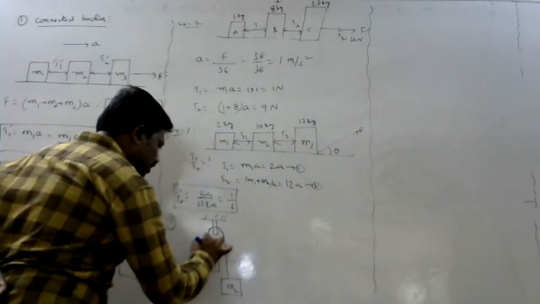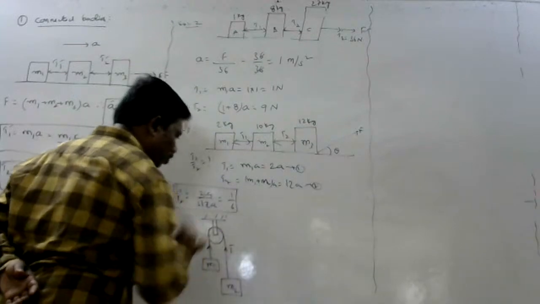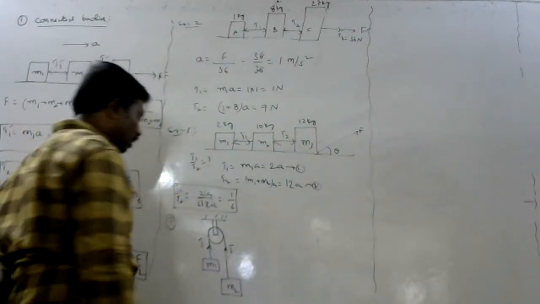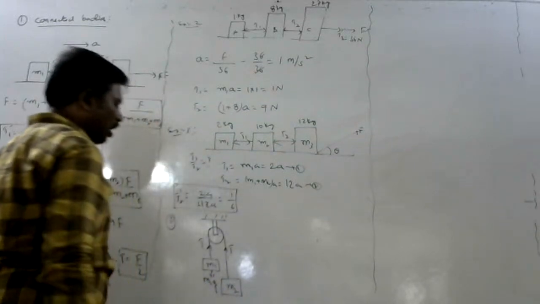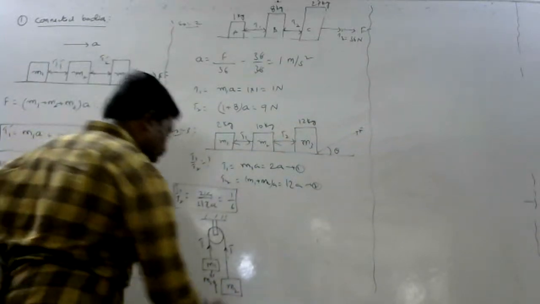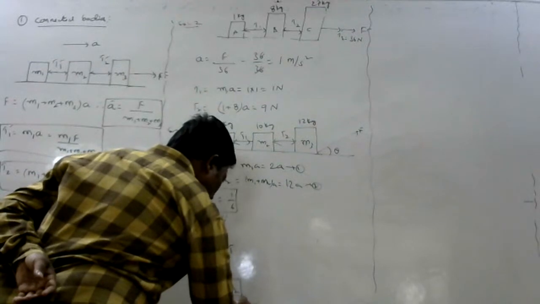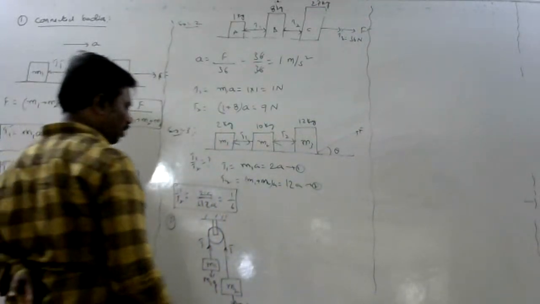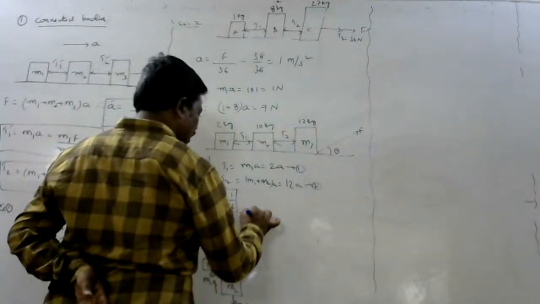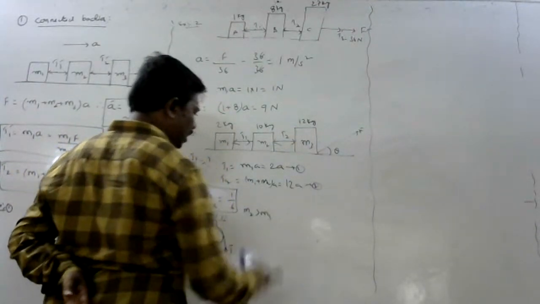Here tension T is always towards the point of suspension, and weight of mass M1, M1 G, is always in the downward direction, and M2 G is also downward. Here one condition is M2 greater than M1.